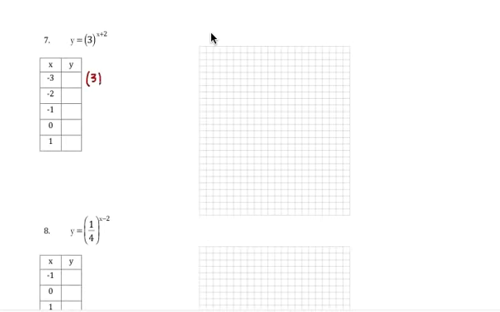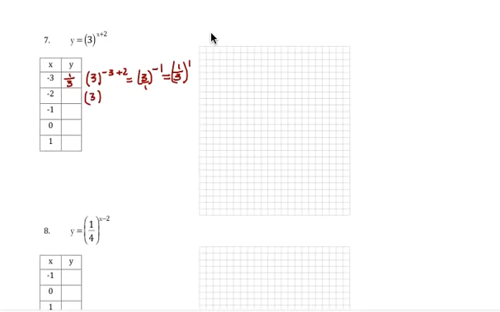So 3 to the negative 3 plus 2 would be 3 to the negative 1, which we rewrite as 3 over 1, so 1/3 to the first power, which is just 1/3.